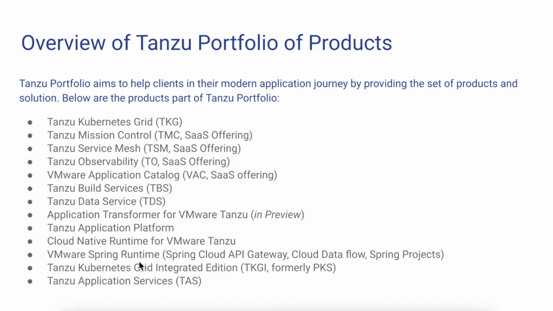You can certainly use these products standalone as well. And also you can use these products not just with a Tanzu Kubernetes Grid cluster, but also with other Kubernetes clusters, and this is what I'm going to talk about in the following slides. There are around 14, 15 products which are a part of this portfolio. Each product has its own significance, its own usage in the application modernization journey.